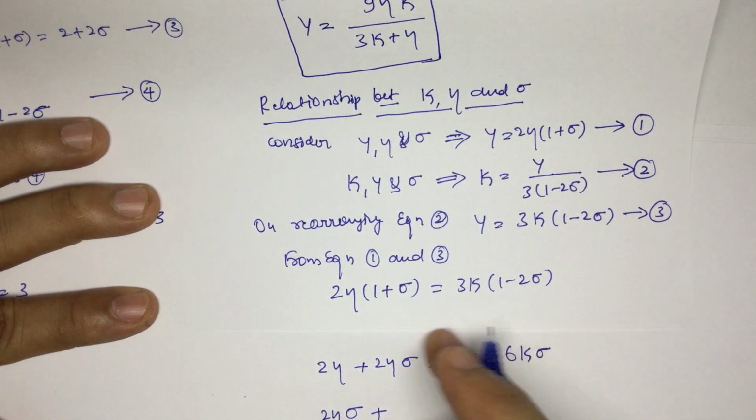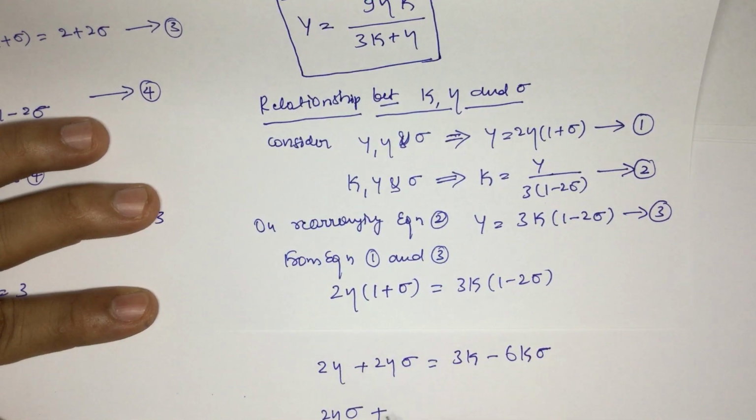When you bring this to LHS, that becomes plus 6k sigma, and the 3k as it is, and this 2 eta that is there, you have to send it to RHS. That is plus 2 eta, so it becomes minus 2 eta.